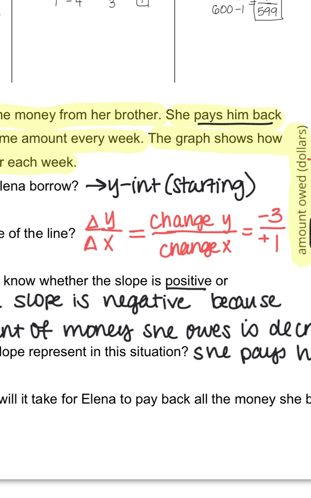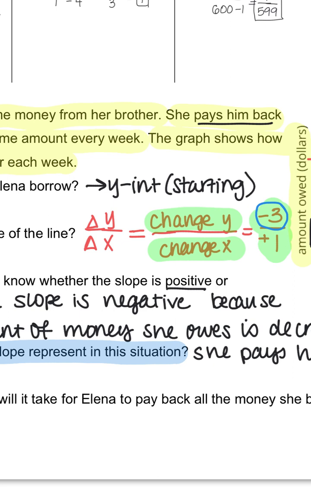Next question, what does the slope represent in this situation? When we're interpreting slope, we want to interpret it in this context, the change in y over change in x. So how is y changing as x changes? So y is going down by 3, and that is the amount of money that she owes. So we can start with that.